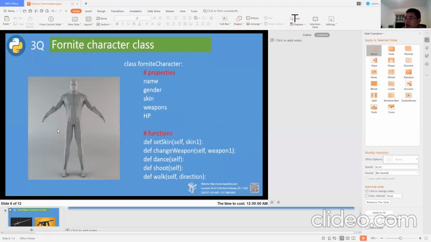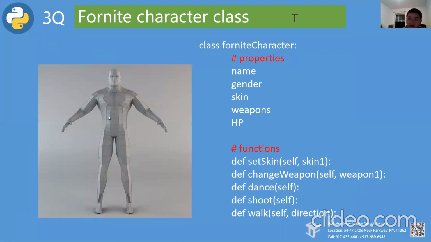What does it mean? I'm trying to say we're going to create a character class, and we have to define the necessary properties and functions we need to put inside the class. Like what? He must have a name.